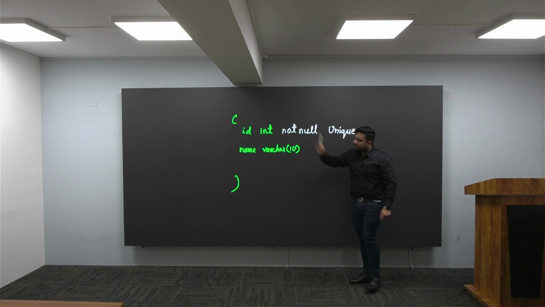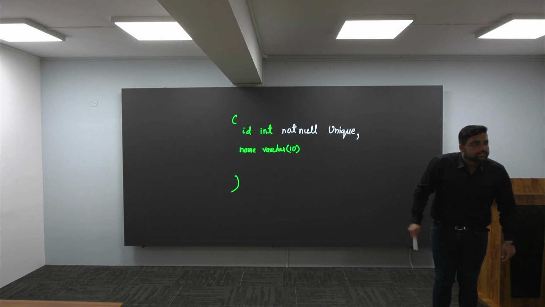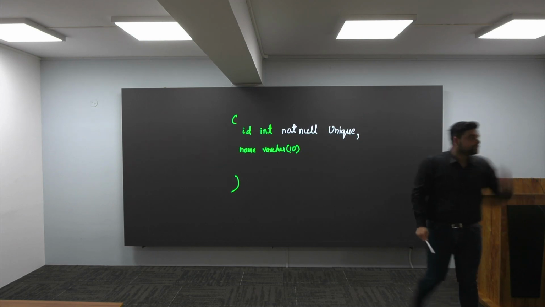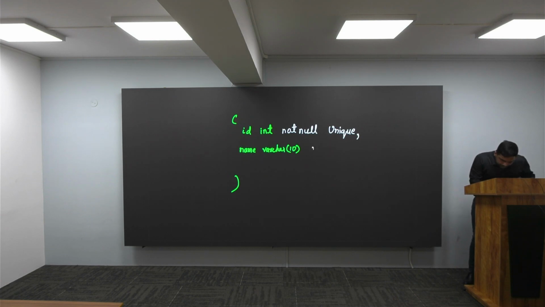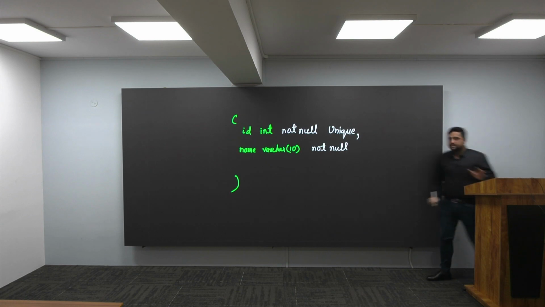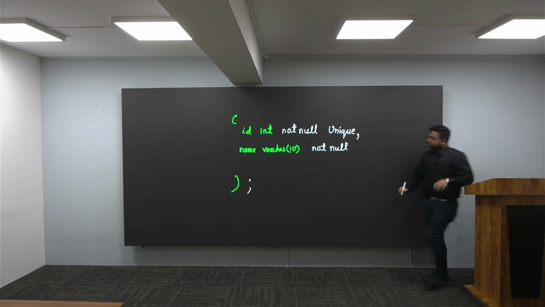If in one column we have used not null, can we use not null for another column? Yes, we can. So I will put not null, like this. Did you understand?